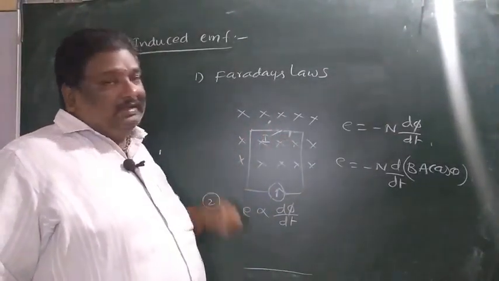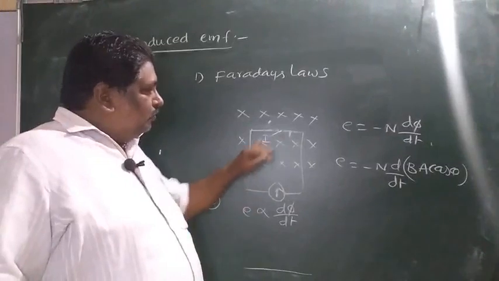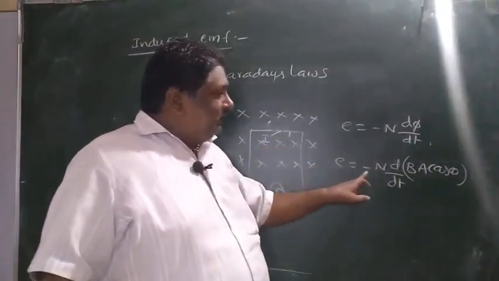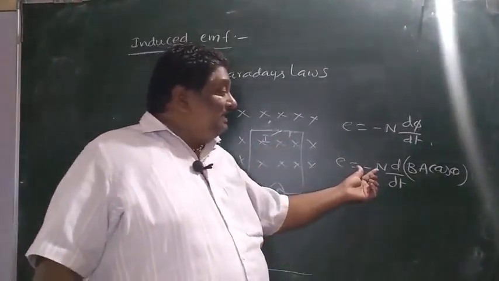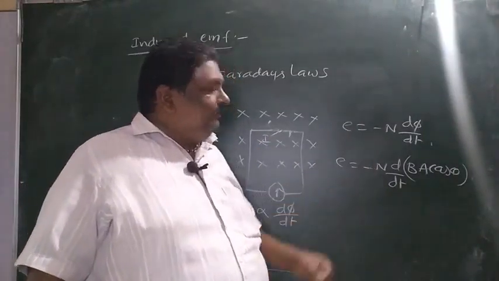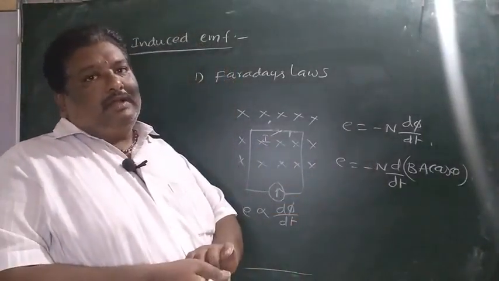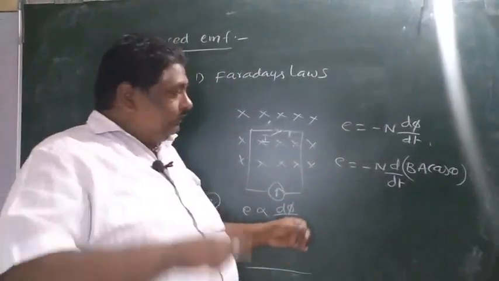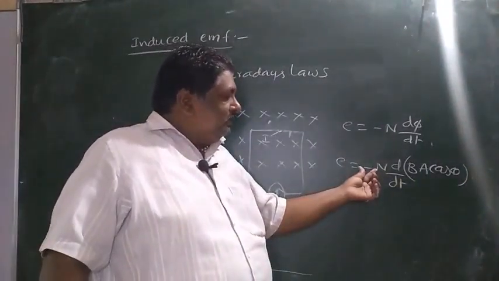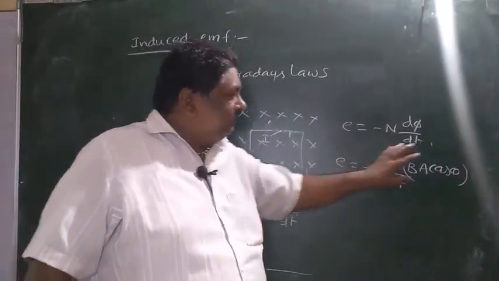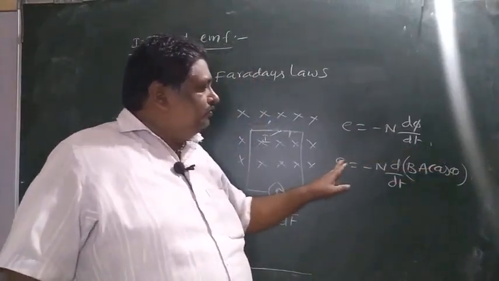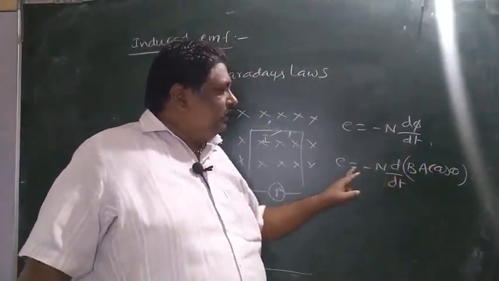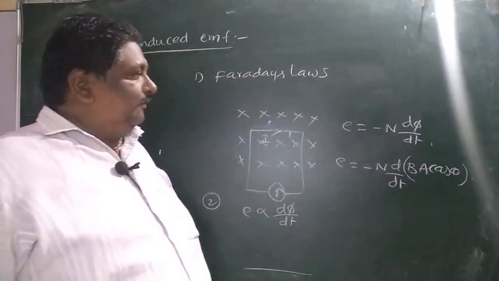That is indicated by the minus sign. It is called Lenz's law, which follows the law of conservation of energy. So this minus is according to Lenz's law, because the flux cut and the EMF induced are opposing one another. That's why the minus sign is taken.